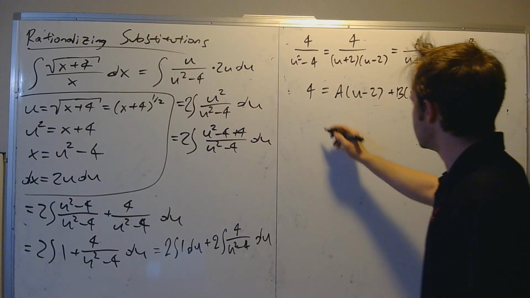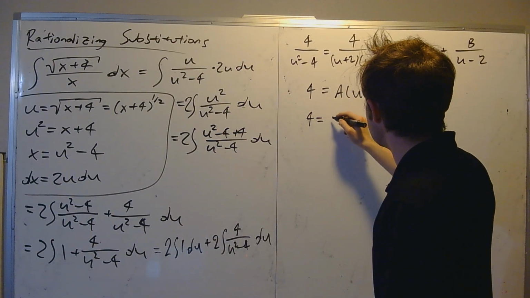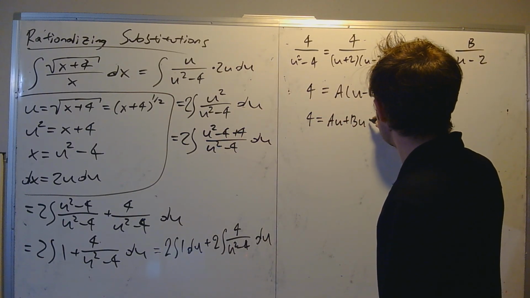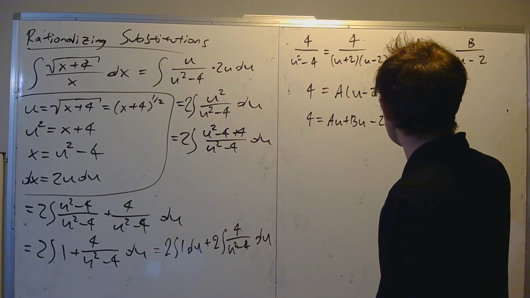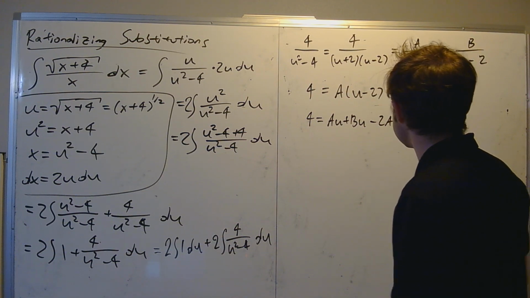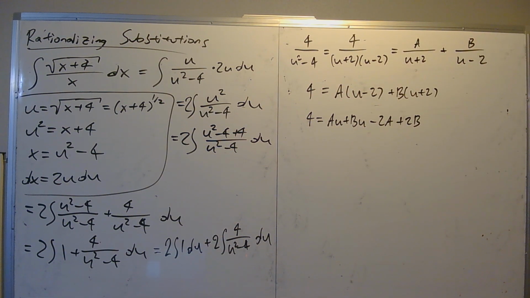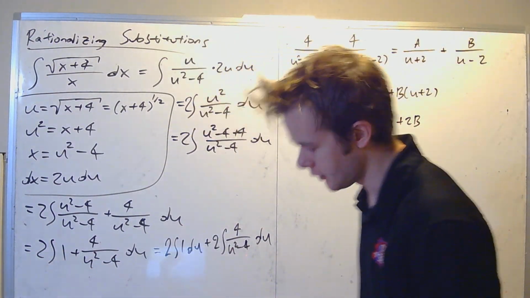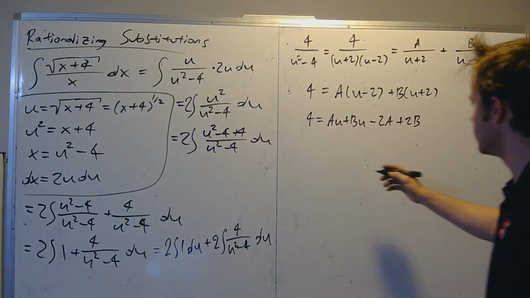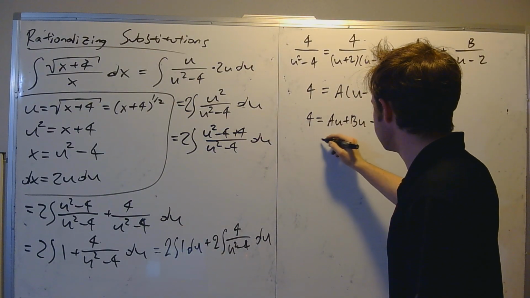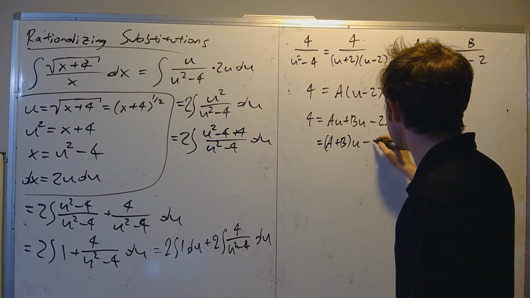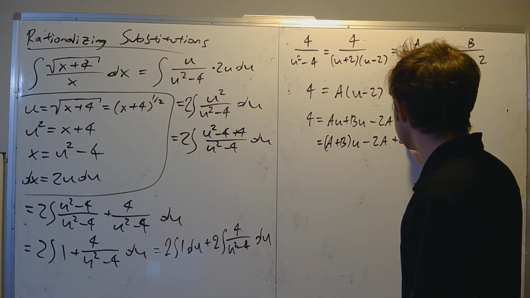So we now distribute. 4 is Au plus Bu minus 2A plus 2B. So we've got A plus B times u, minus 2A plus 2B.